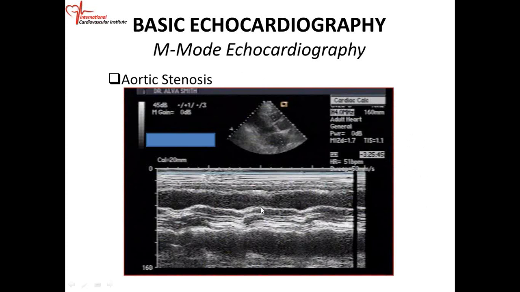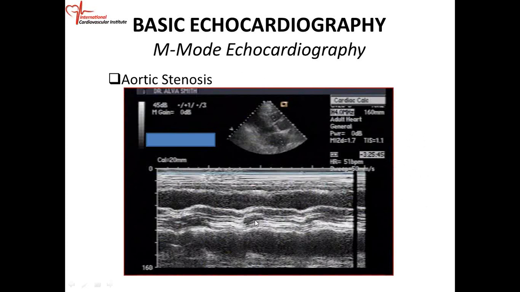You can see that the wall of the aorta is a little bit thickened, and now you get to the aortic valve. You can see the aortic valve is thickened. This is thickened, okay? And you can see the cusp separation is not as wide as in the normal aortic valve.